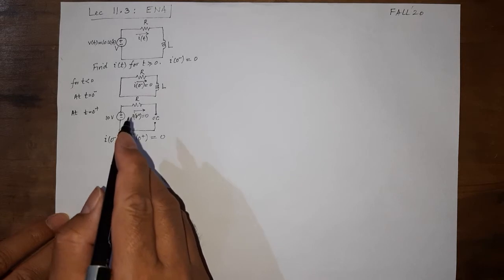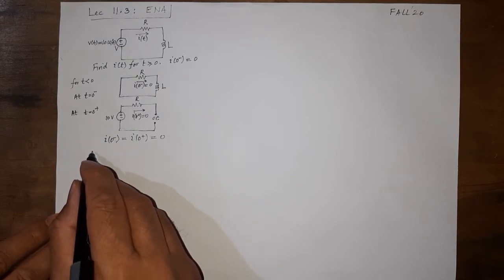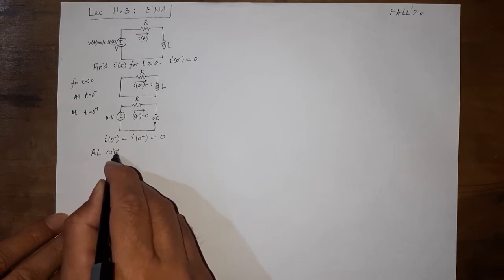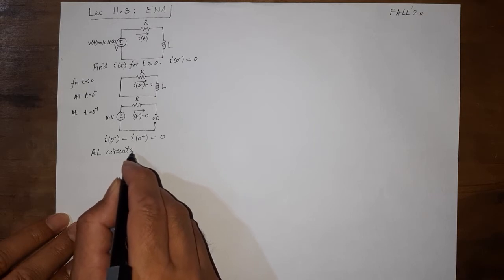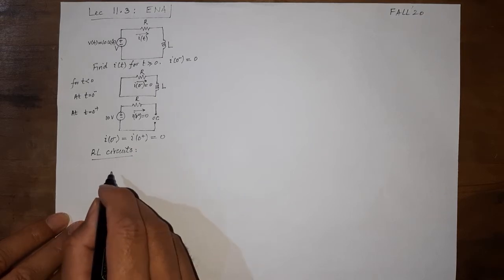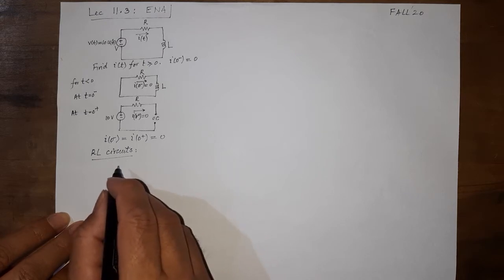So, okay, let's try to solve this using whatever we already know about RL circuits. Although we directly know of a formula, we can use a differential equation to solve this as well.